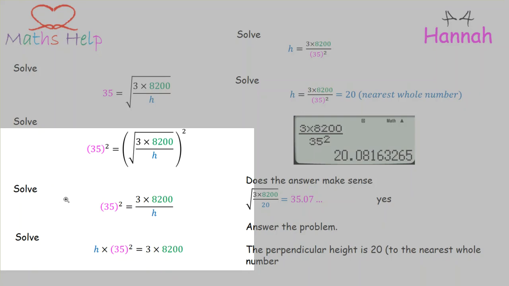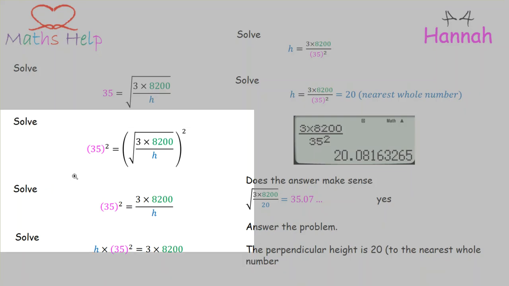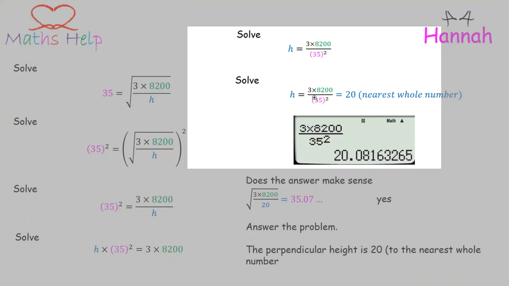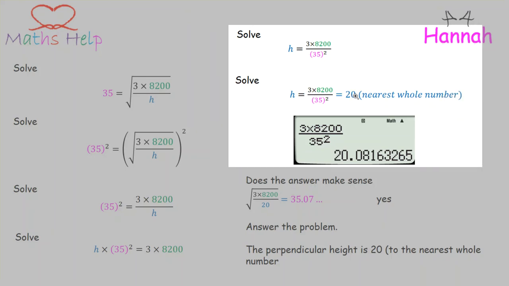You could actually calculate the 35 squared part and the 3 times 8,200 if that's confusing. So now we solve: h equals 3 times 8,200 over 35 squared, which we can just type into our calculator. And we get h equals 20 to the nearest whole number.